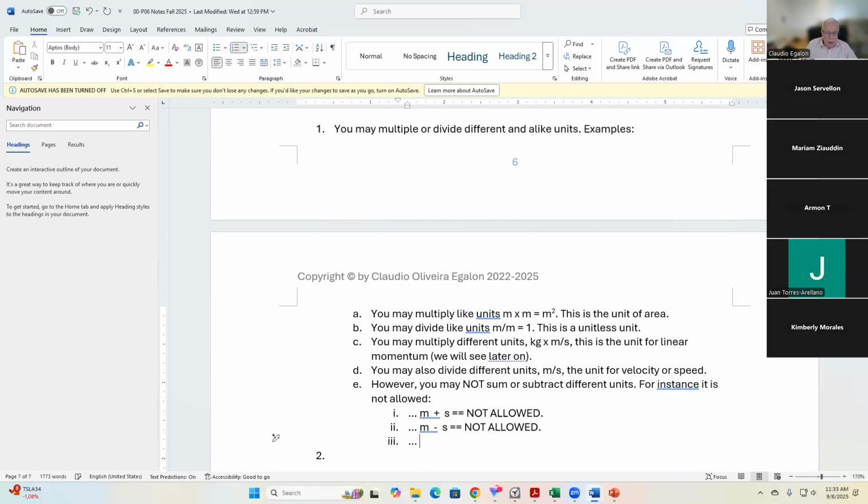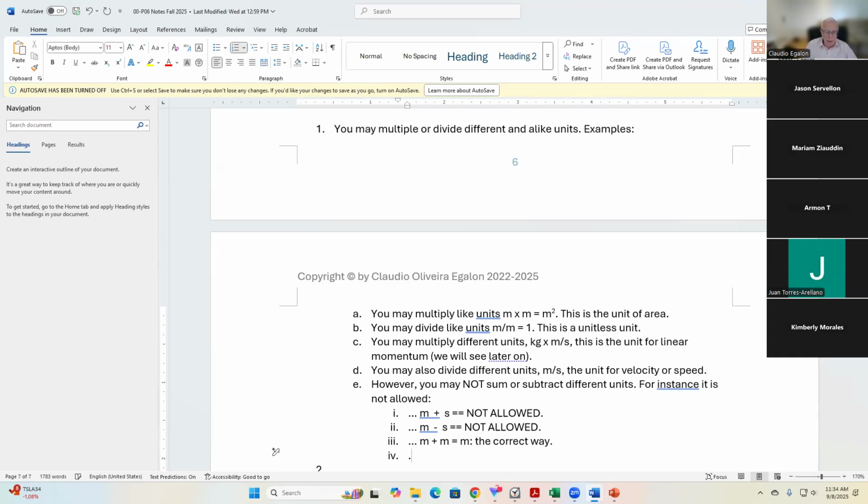However, if you are summing or subtracting units that are exactly the same one, like m plus m, you do not write that down as 2m, you write that down as m, okay? The subtraction or summation of two like units will always be that unit without a number in front of it. Correct way, the correct way.